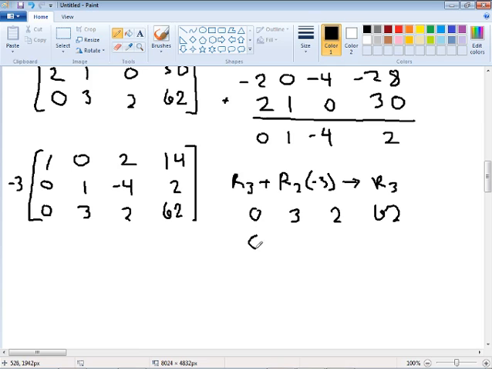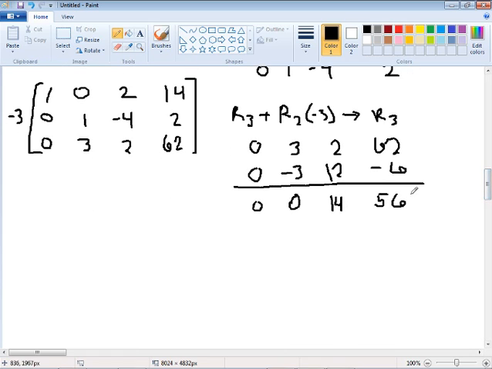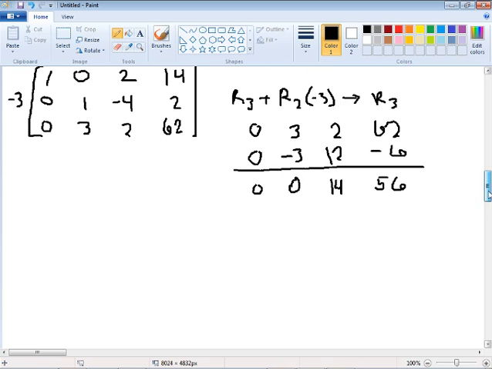That's going to be 0, -3, 12, and -6. Well, this is 0. That becomes 0. This becomes 14. And this becomes 56. So this becomes my new row 3.